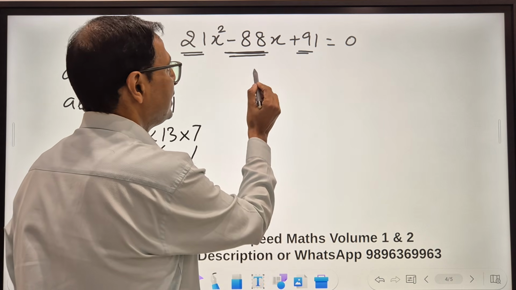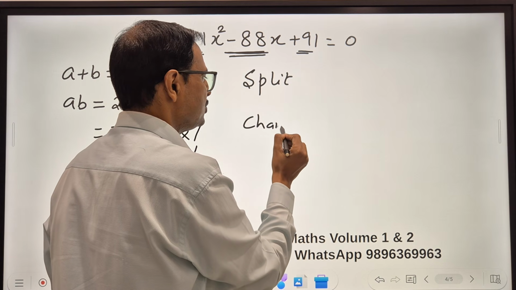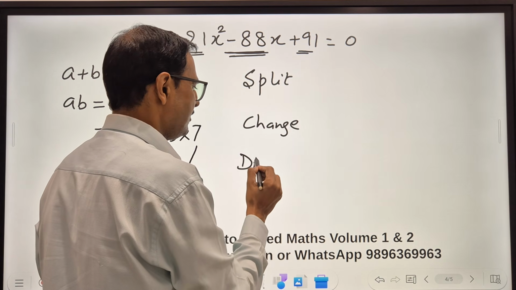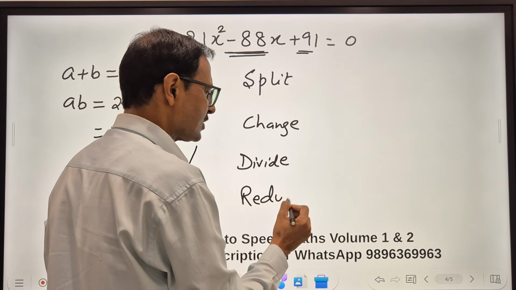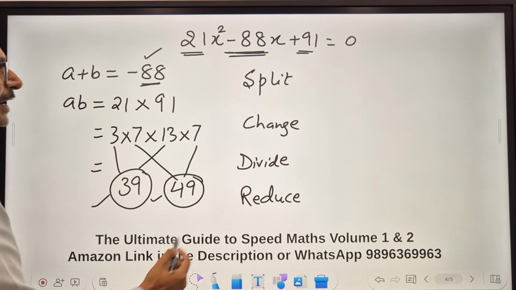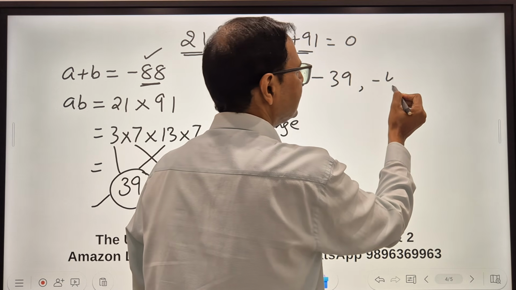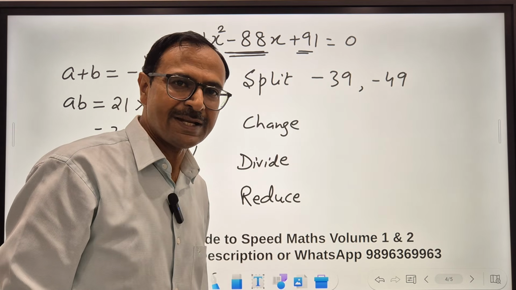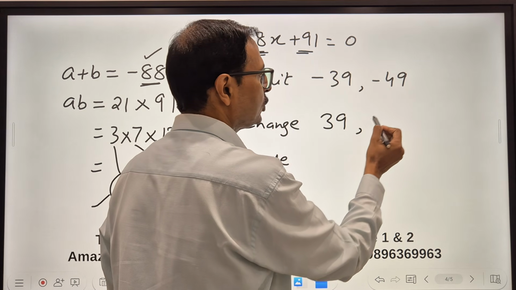So when I follow this method, split, change, divide, reduce, a 4-step process to get your final answer. Split: 39 and 49, I need minus 88, so minus 39, minus 49. Right? Only then they will add to minus 88. And then change the sign. Both become positive.